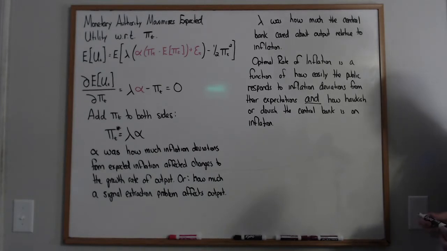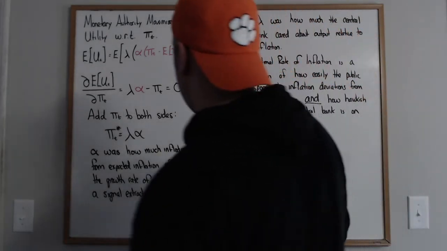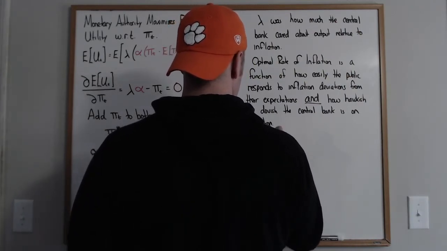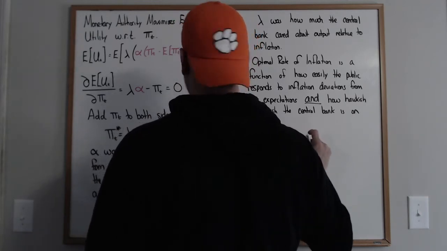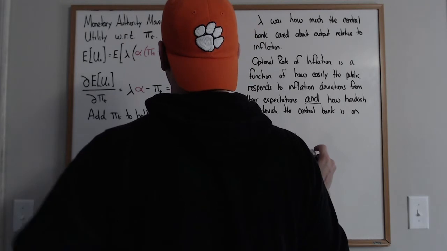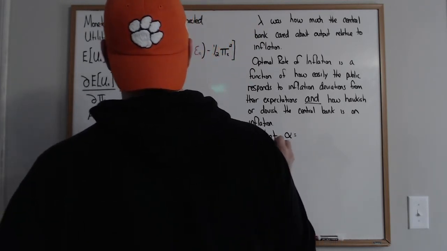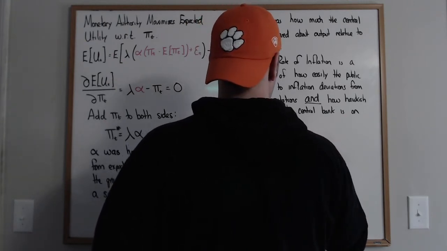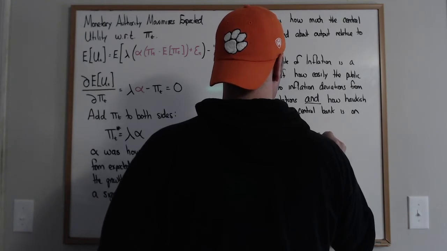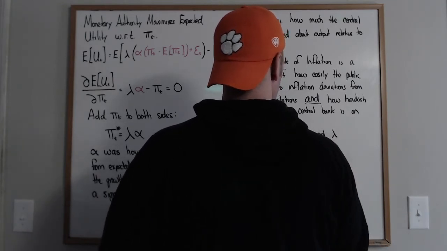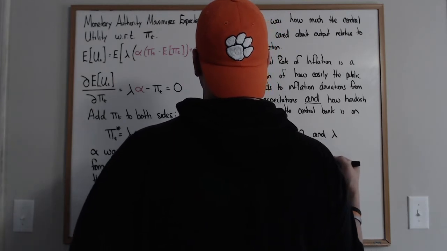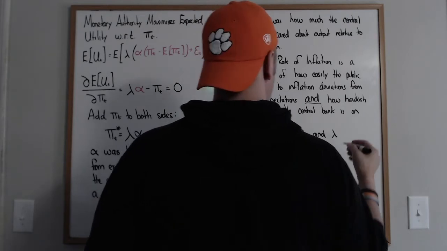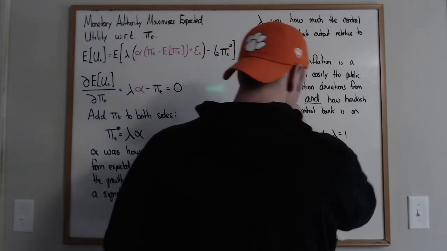So let's say that alpha is equal to 2, and lambda is equal to, let's make them a little dovish, so we'll make it equal to 1.